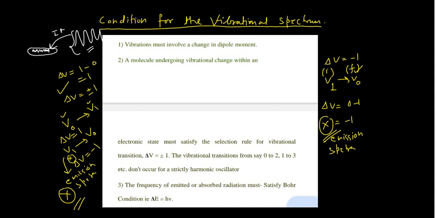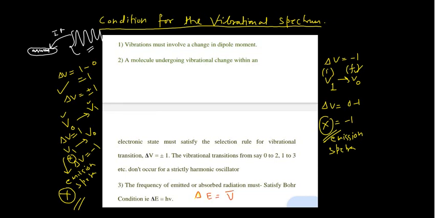And then the frequency of the emitted or the absorbed radiation must satisfy Bohr's condition. Bohr's condition is what? Del E equals h nu. This is Bohr's condition, and one more way of writing this Bohr's condition is like that: del E equals nu bar.